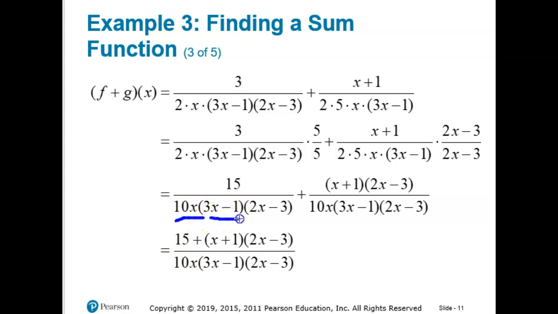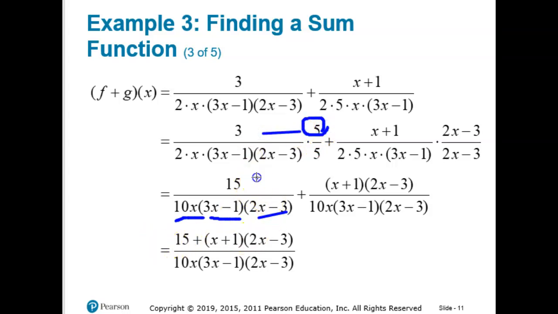We mentioned 3x minus 1 and 2x minus 3. That is the common denominator, and we just need to decide, well, what is missing? The first fraction we need to multiply by 5 in the denominator to get all of those factors to appear. Remember, if you multiply the denominator, you must multiply the numerator.